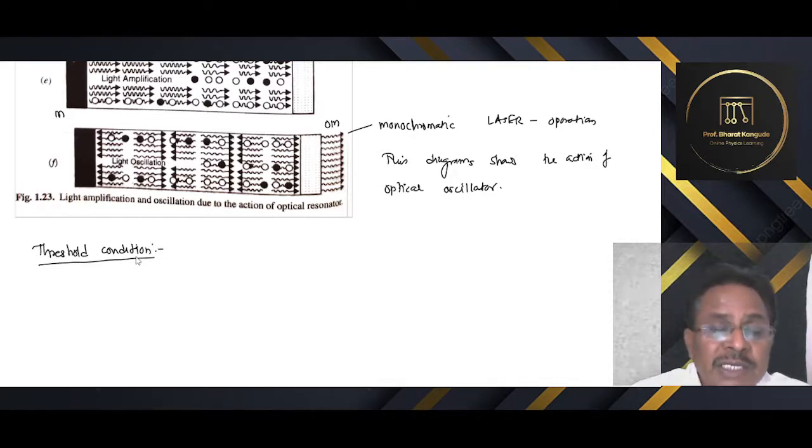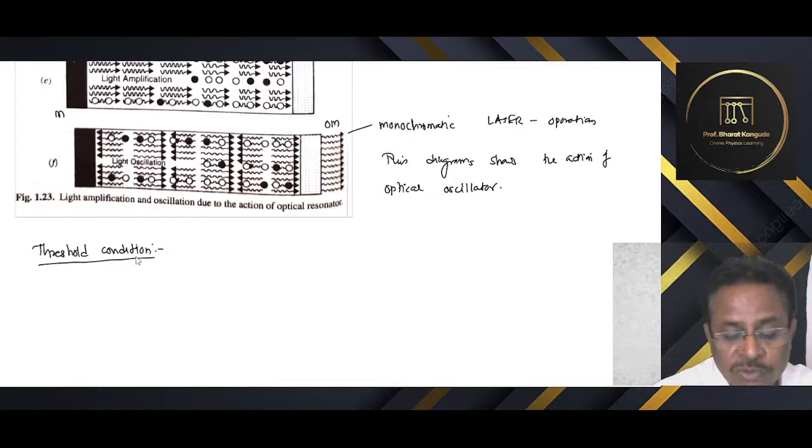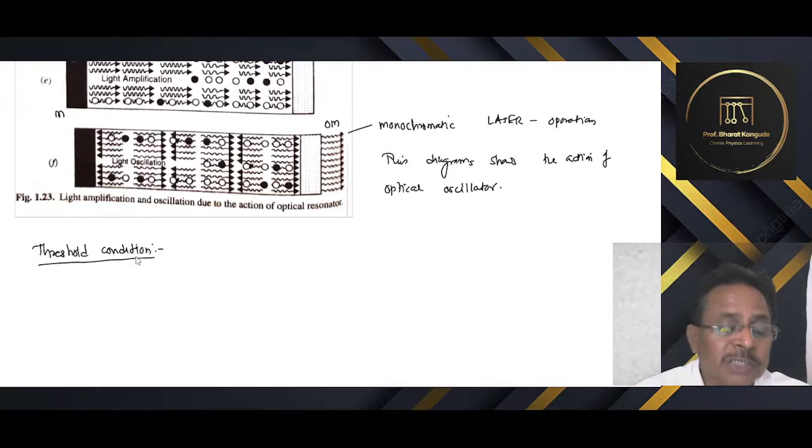Otherwise this entire operation will stop after some time, and no laser will be given as an output. To look at this, we have to go for one very simple mathematical expression that will be covered here, and then we will stop for today's lecture.